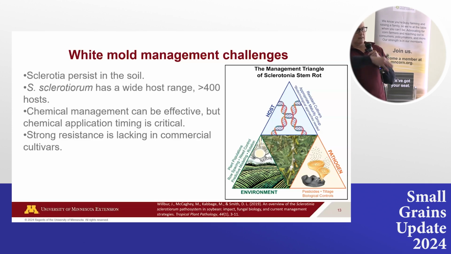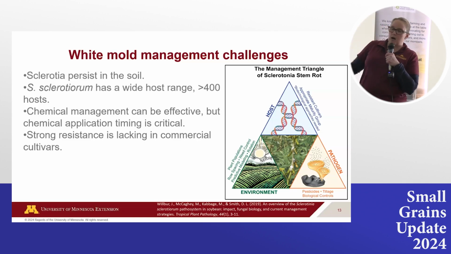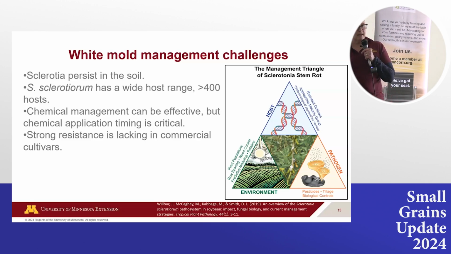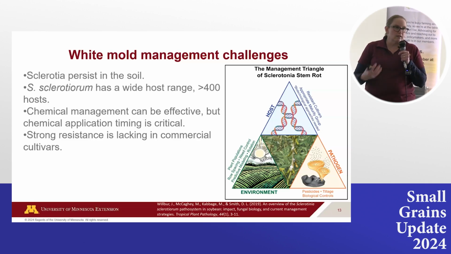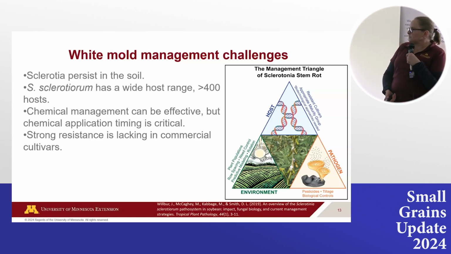So the pathogen has a very wide host range, and it produces very long-lived survival structures that make it so that we're not going to rotate our way out of a white mold problem. Chemical management requires precise timing and really good coverage. And in a year that favors disease, we're still going to end up with some yield loss.